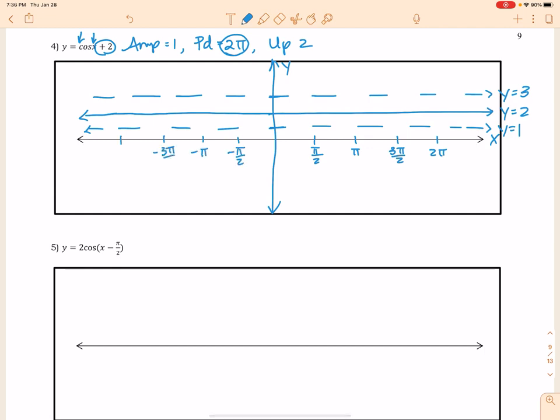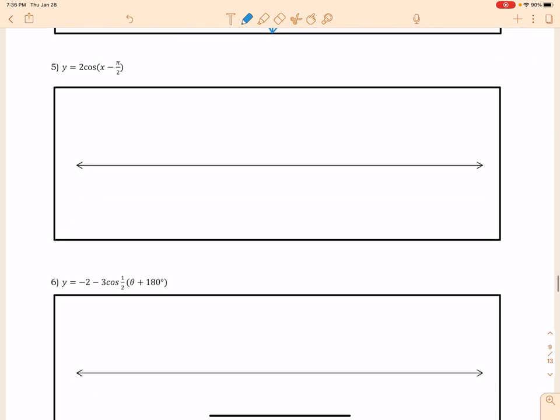And I am going to make marks on my middle line that marks the middle of my graph as well that correspond so that I can make sure I cross that in the right spot. And there's no reflection here, so that means that my graph is going to look like this. Just like that. Awesome.